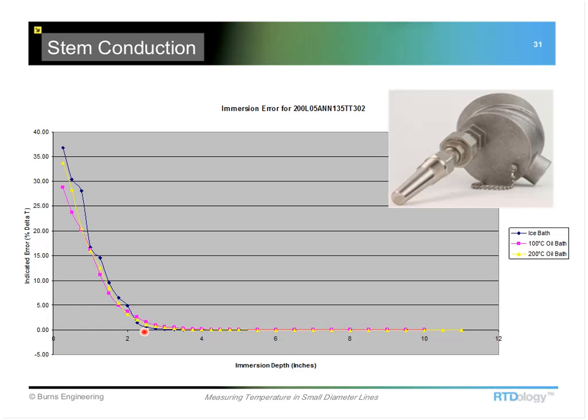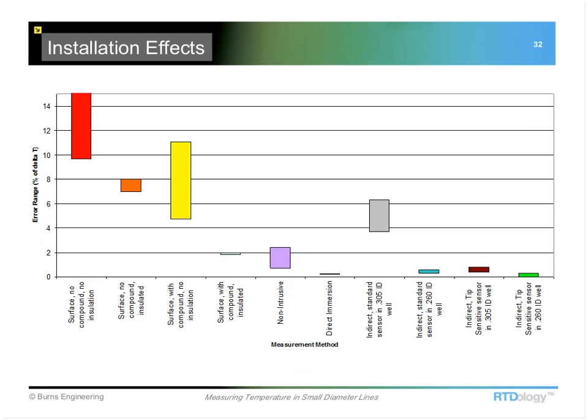If you don't have sufficient immersion, or the piping is such that you can't get any more than that, 2.5 would work. You just need to be aware that there is a potential for a small error in some situations. And if you can insulate the outside of the sensor, you can get rid of some of that also.